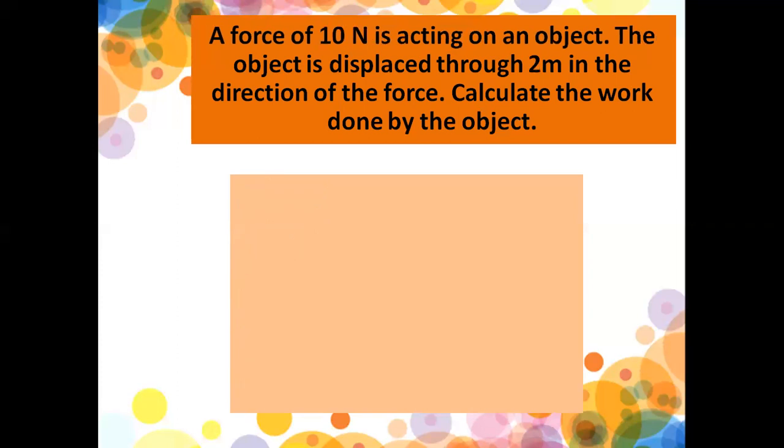We have another problem. Here, the force of 10 Newton is acting on the object. The object is displaced through 2 meters in the direction of force. Calculate the work done by the object.